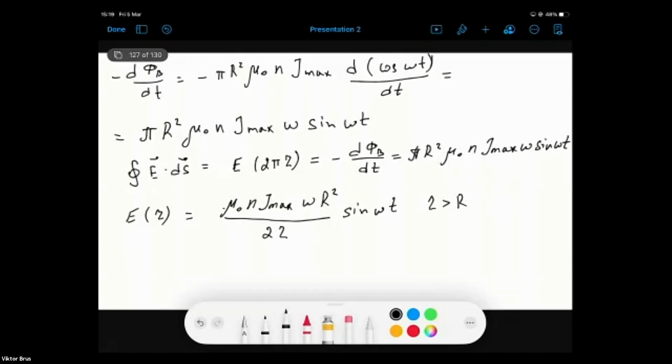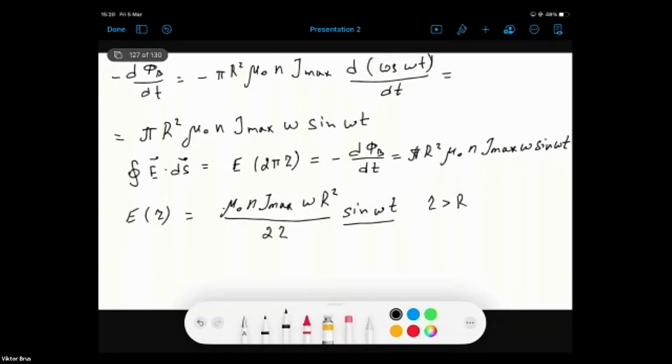So when r is larger than the radius of the solenoid. And from here it would be reasonable to highlight two things. First of all, this induced electric field is changing as a function like sinus omega t, as opposed to the electric current which is flowing through the solenoid and governed by cosinus omega t.